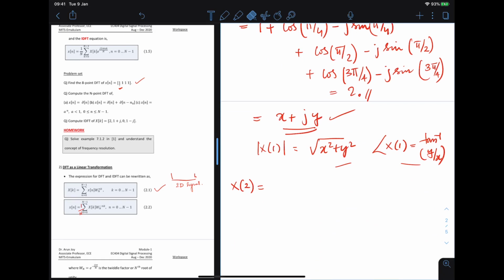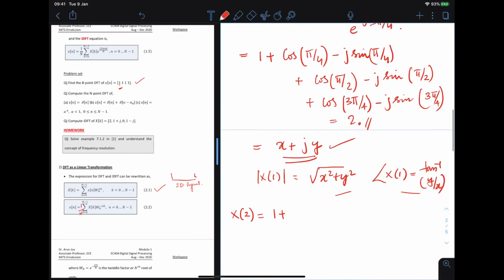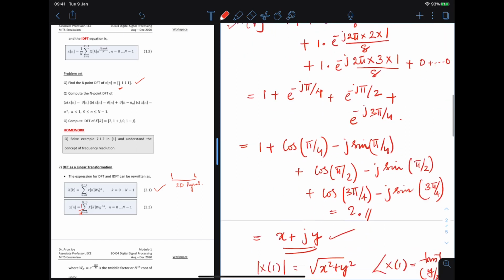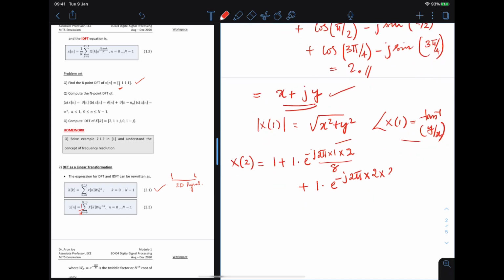So that will be 1, plus, next will be x of 1, that is 1 into e raised to minus j 2 pi into 1 into 2 by 8, plus 1 into e raised to minus j 2 pi into 2 into 2 by 8, plus 1 into e raised to minus j 2 pi into 3 into 2 by 8.